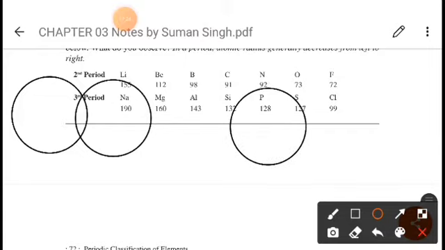One atom is here and another one is here, right? When we are asked to calculate the van der Waals radius, it will be this. Suppose this is the midpoint, and the centers are here and here. So the van der Waals radius will be this.